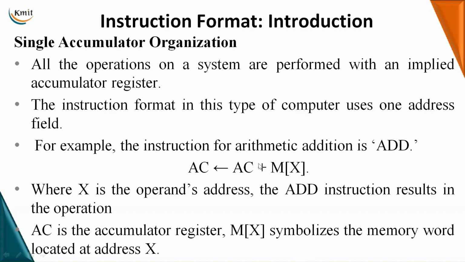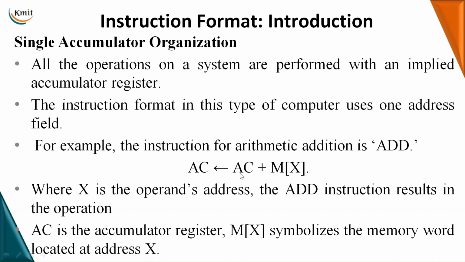In this case, the contents of the accumulator are added with the contents stored in memory address X. So M of X refers to the address in memory where the particular operand is stored, and the other operand is stored implicitly in the accumulator. The address field of the instruction requires only one address, that of the memory location where the second operand resides.